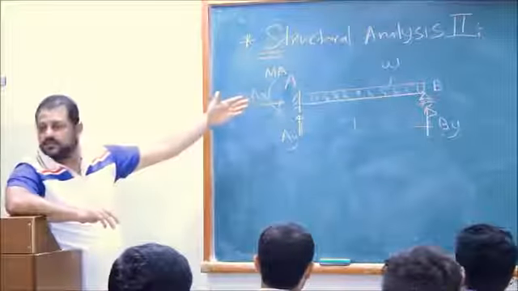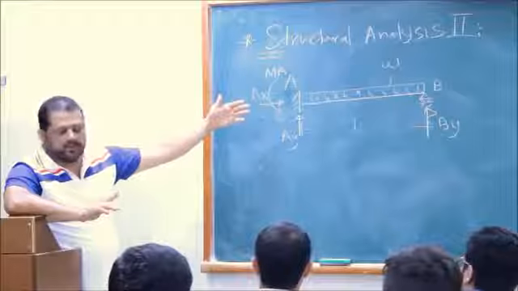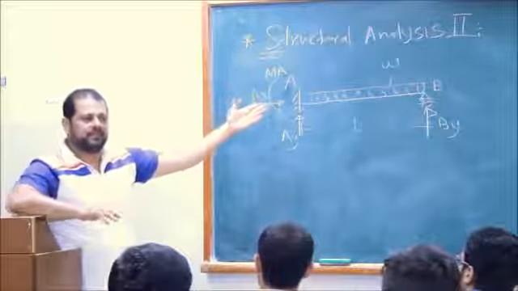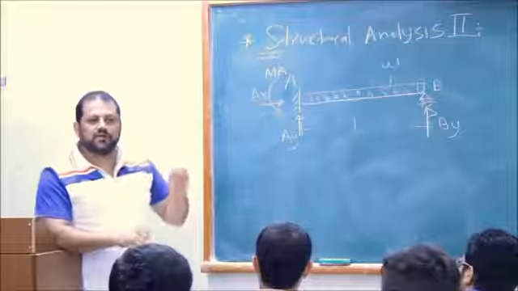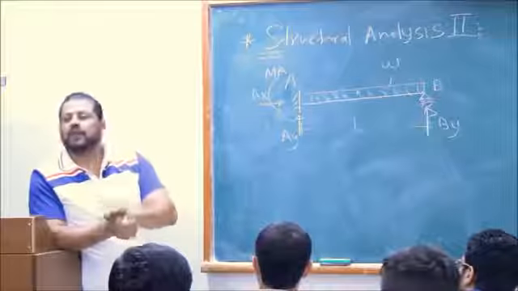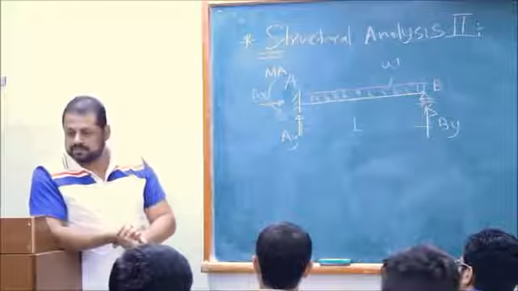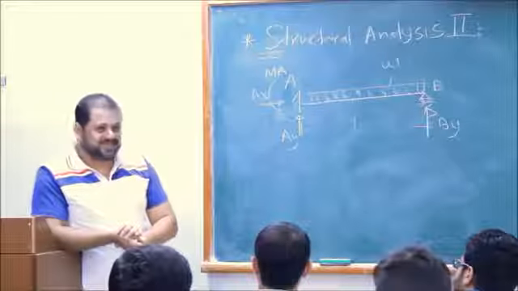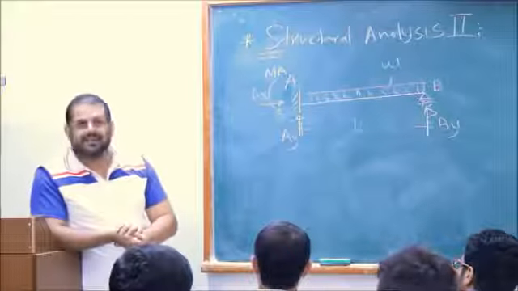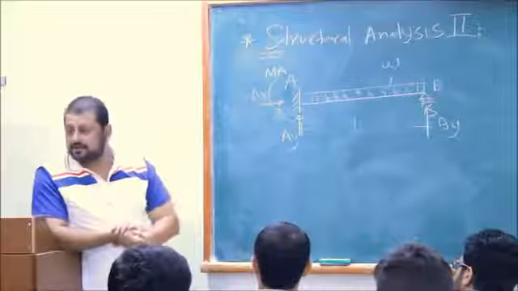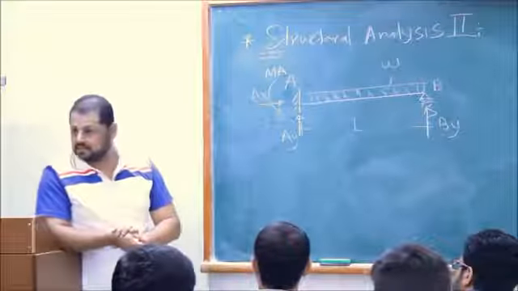Because this structure is what? What is this structure? A beam. From the assumptions you say this structure is a beam. Who can define a beam for me? Say it's a structural member that is loaded perpendicular to its major axis.